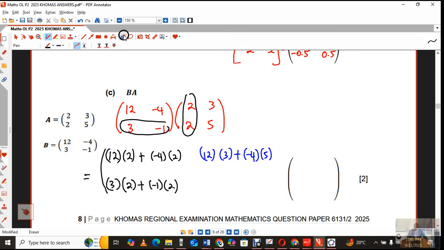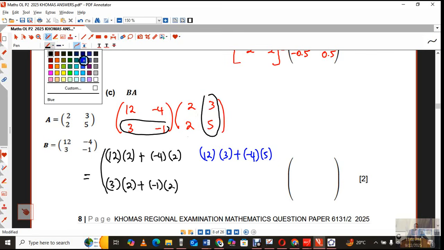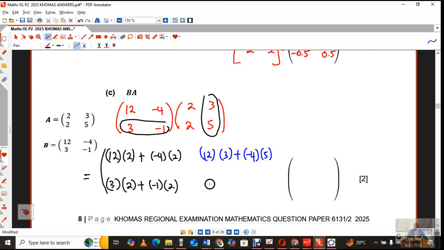Then we are going to take that second row and multiply it with the second column. That's 3 times 3 plus negative 1 times 5. Okay, so we are going to do all of that and see what it gives me.